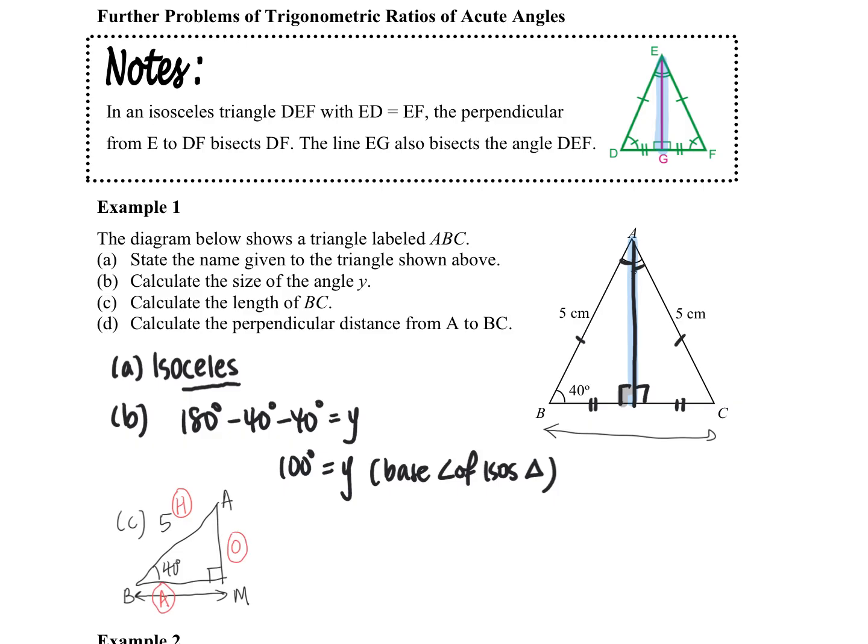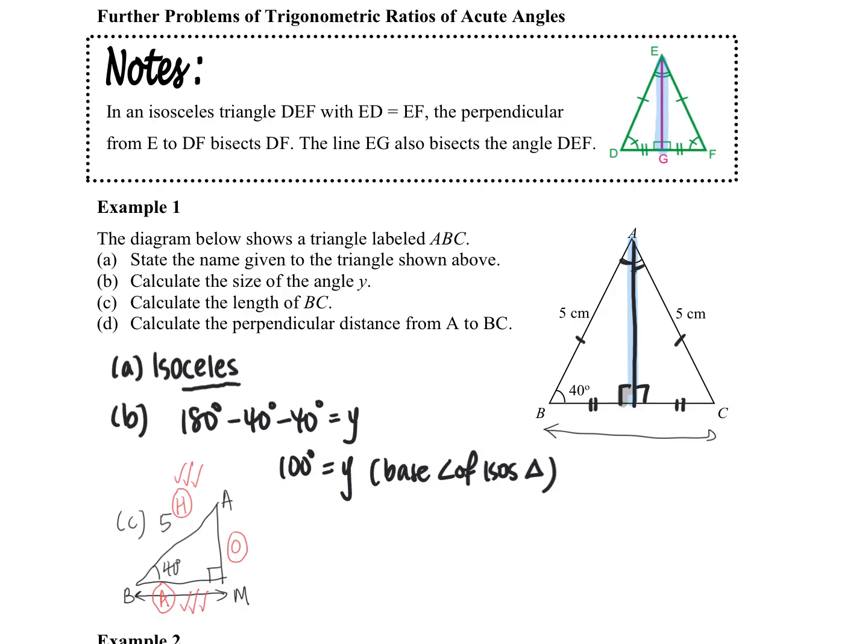I want to find A, and I have H. So what should I use? Cosine. Cosine goes with the angle 40 and equals BM over 5.